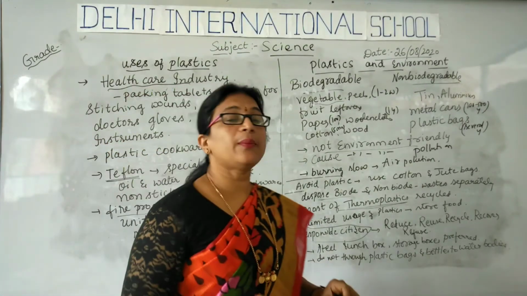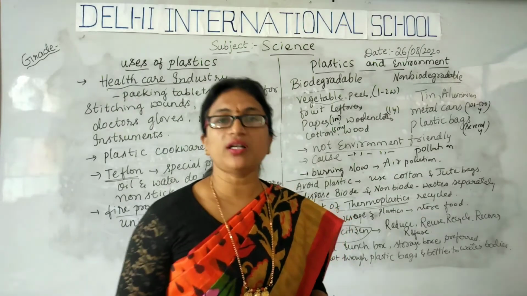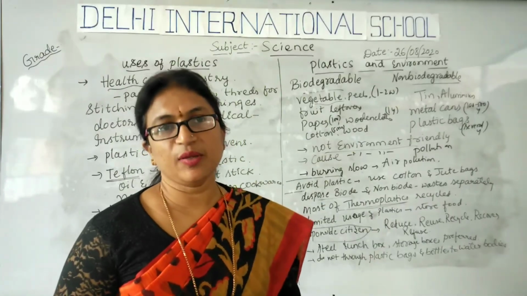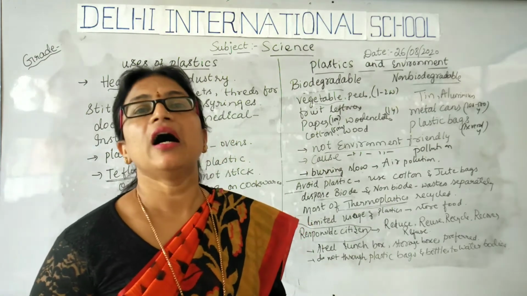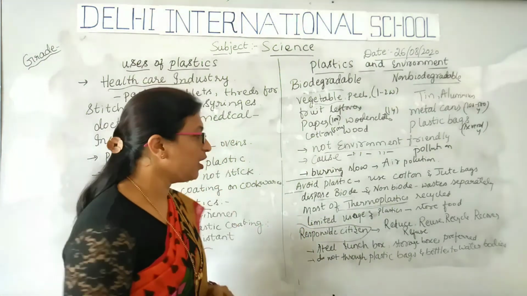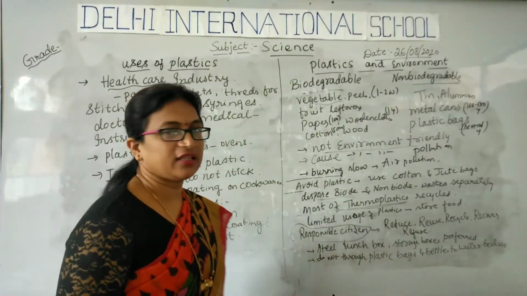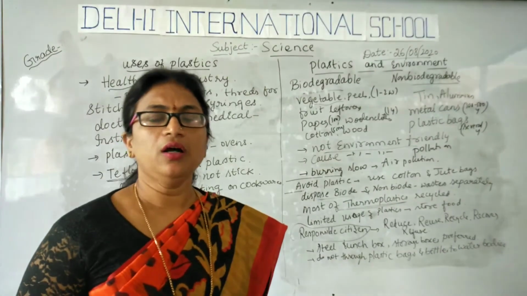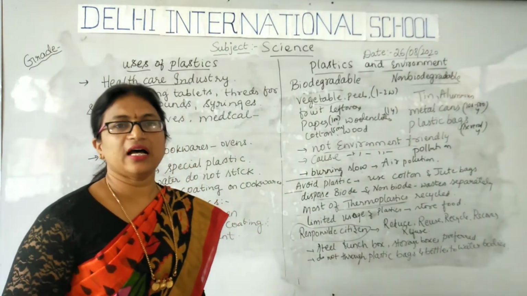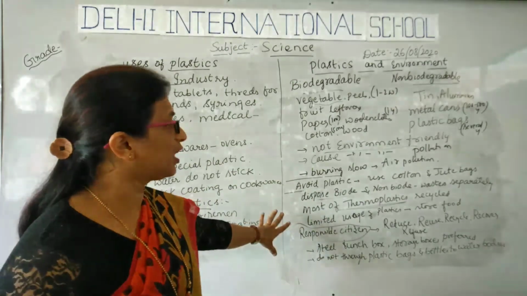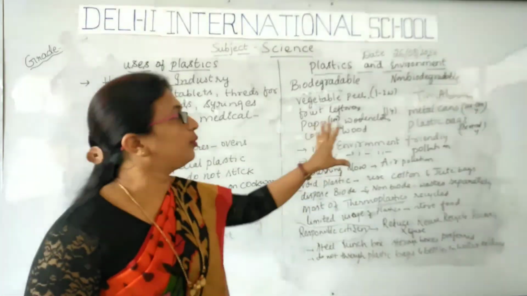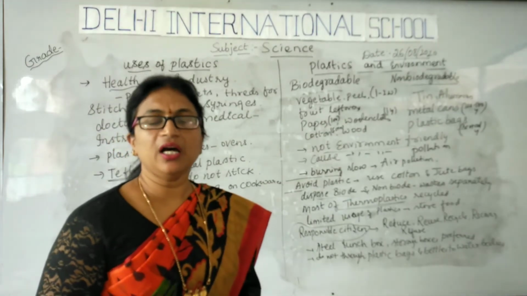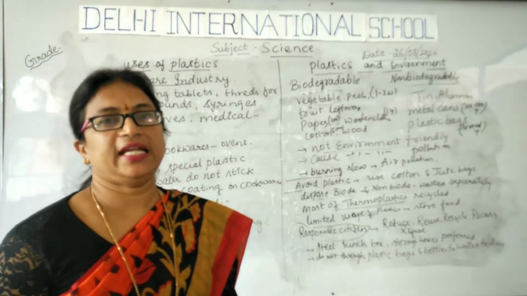And do not throw plastic bags and bottles into water bodies, because it is causing so much ocean pollution or water pollution, isn't it? So avoid throwing plastic bags and bottles into water bodies. So these are the things we should remember in order to prevent environmental pollution, instead of filling it up with non-biodegradable waste.